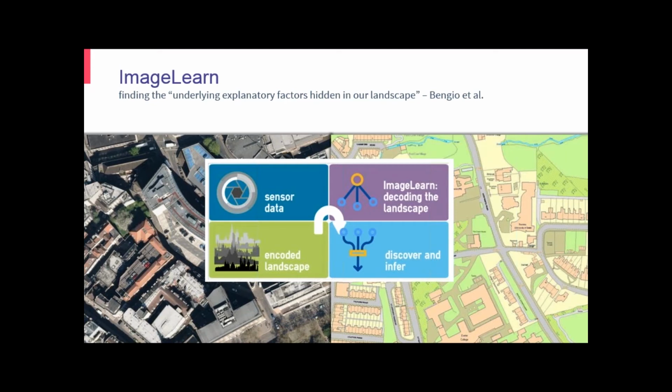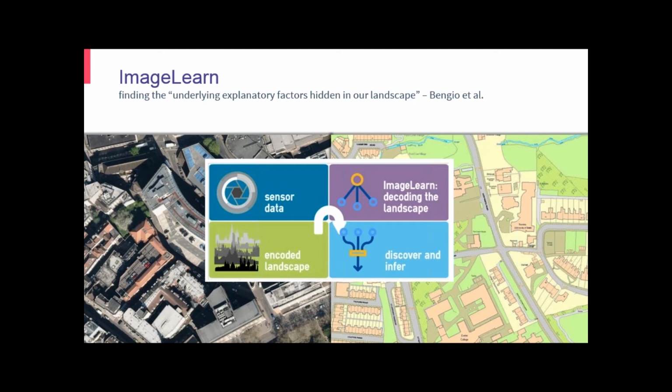So instead, why don't we try and shortcut that cycle and pull out learned features in a different way? We're trying to train a deep network to decode this landscape and help us understand what's known as the underlying explanatory factors hidden in our landscape, from Bengio's paper.